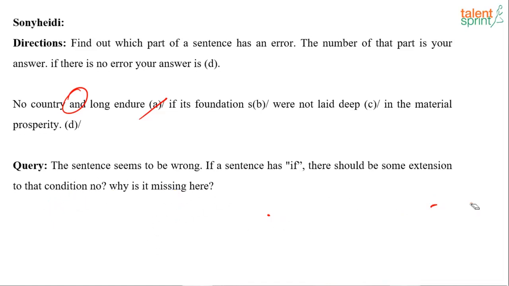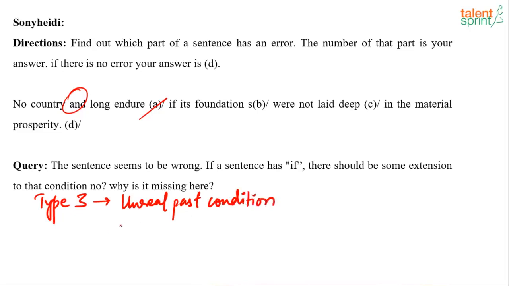Let's look at type 3. When do we use type 3? Type 3 is used when the situation is unreal again, and it is a past condition and its probable result in the past.